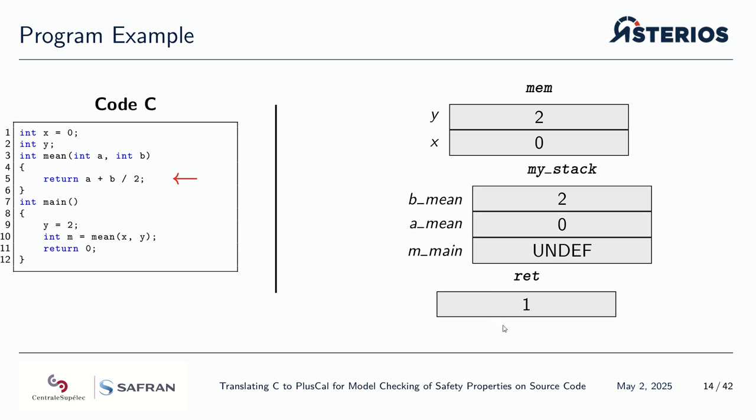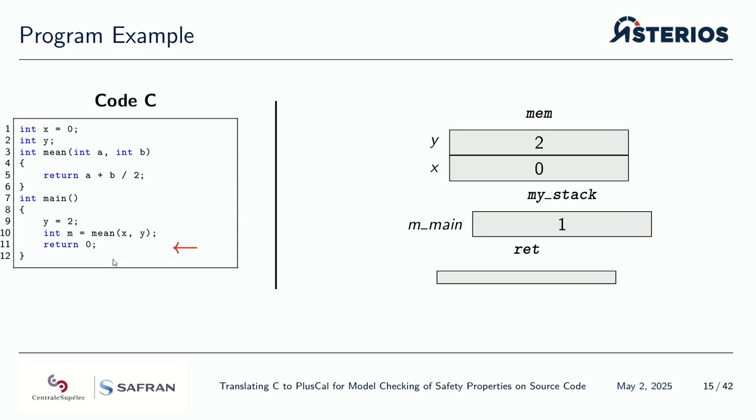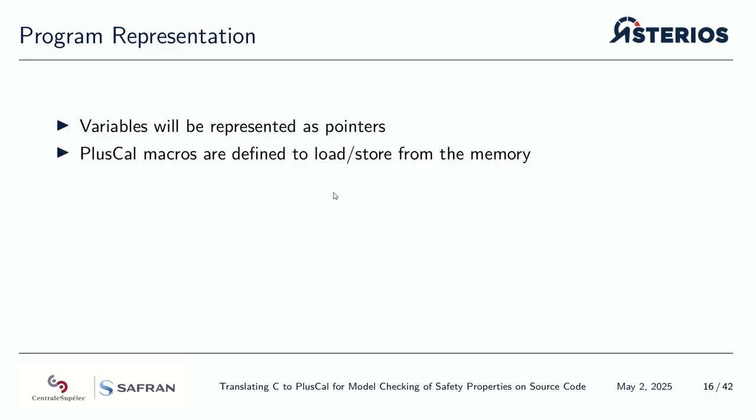So for example, here we push 1 on the return stack, and then when we return in the main function, we will pop the 1 value and update the m value in the main function. So that is a little example of how we will interpret a C program into our PlusCal representation. So we saw that we use some different memory locations.